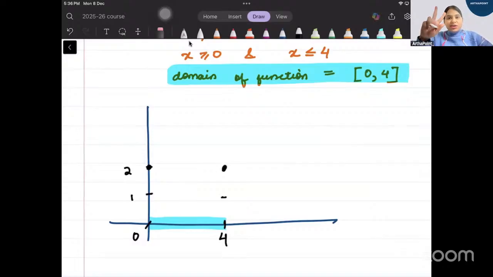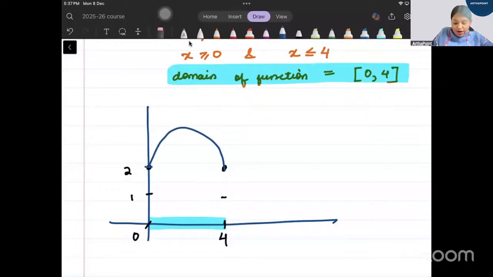So there are only two things that can happen with my function in between, right? Either the function can go like this, or the function can even go like this. Something like this can happen. These two or three things can happen. If it goes like this, that means the values of y will be above this 2.